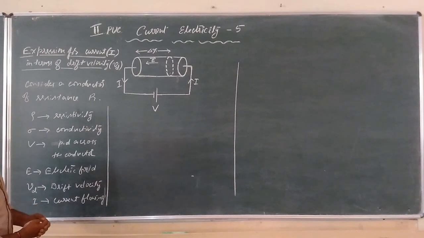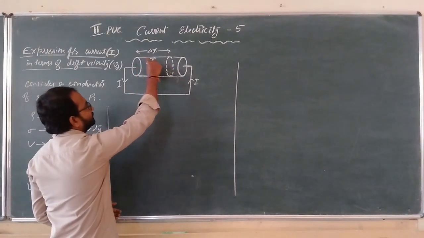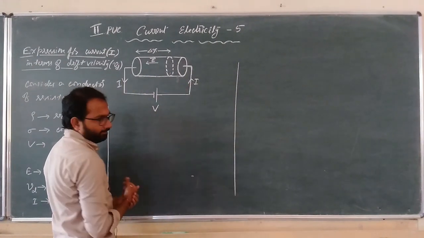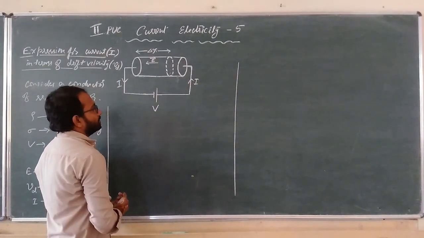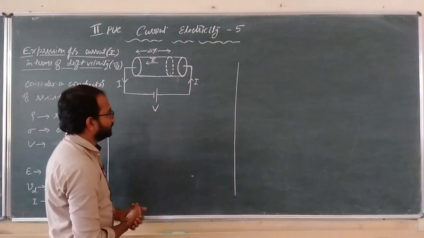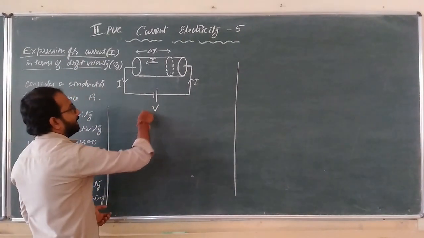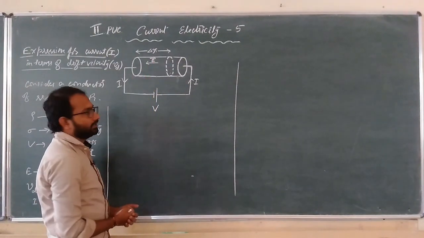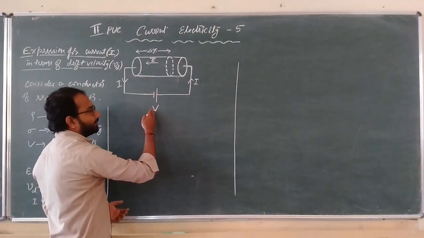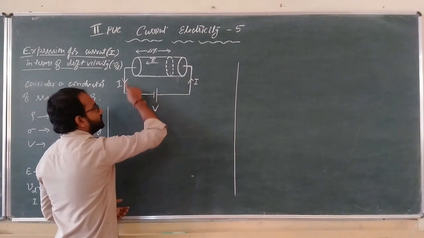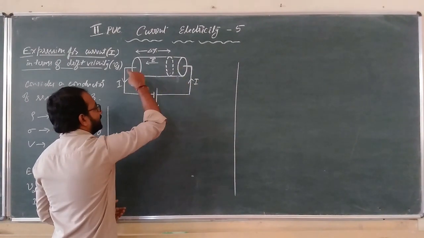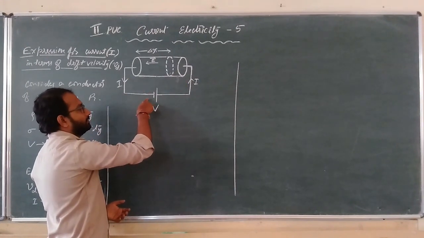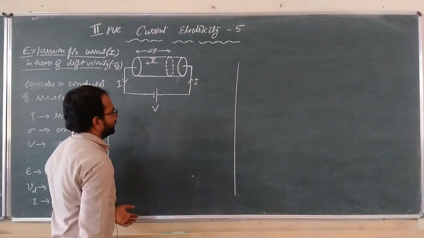To derive that, we consider a cylindrical conductor, which is connected to a battery or power supply, whose potential difference is V. Due to the applied potential difference, an electric field is generated inside the conductor at every point. Due to the electric field applied, current flows through the conductor in this particular direction, from the positive terminal of the battery to the negative terminal through the conductor.